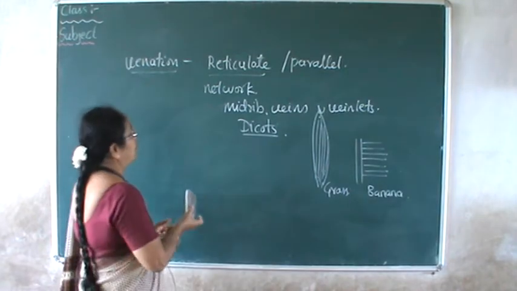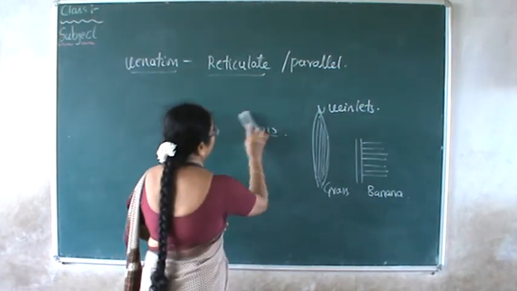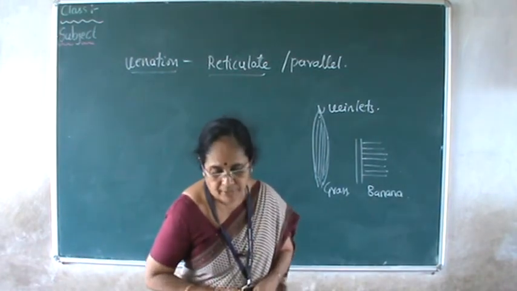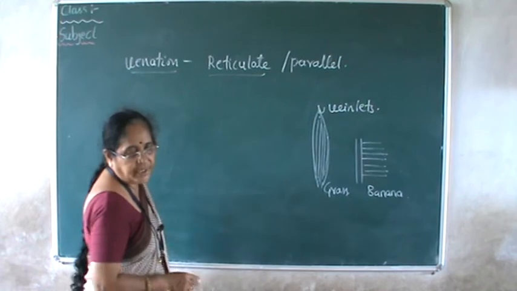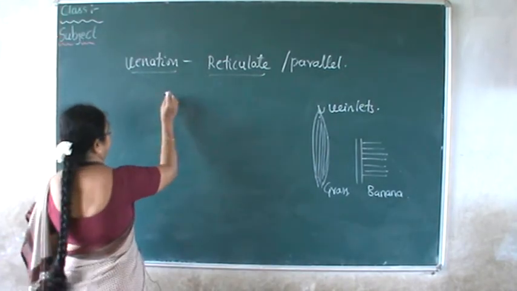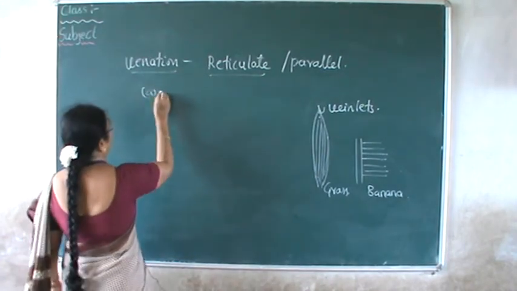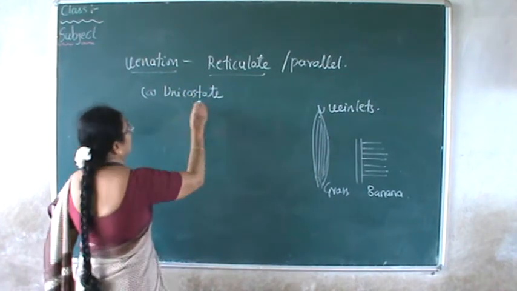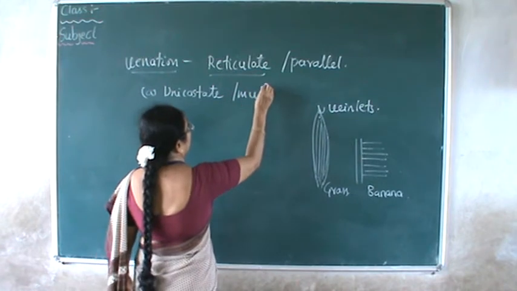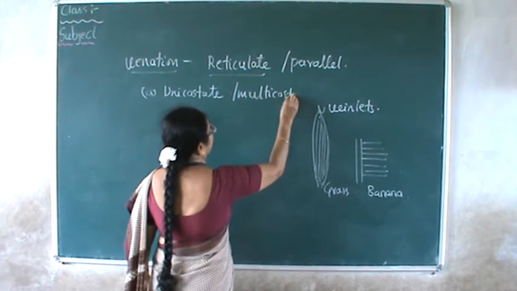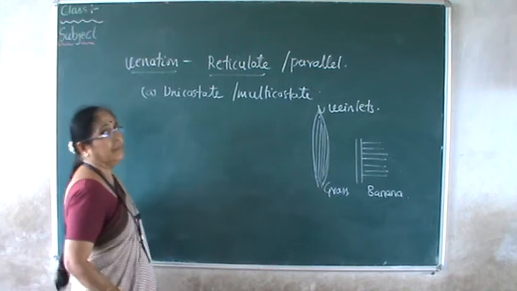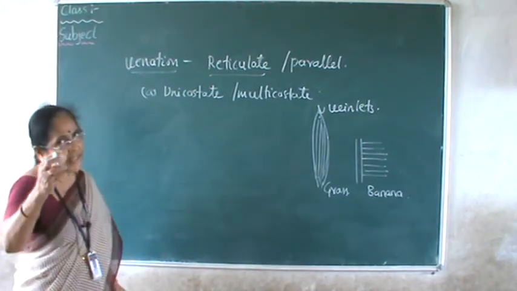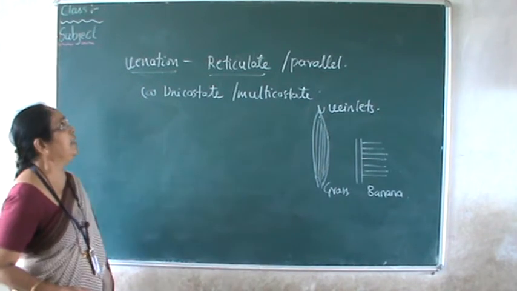Let us continue with the types of venation under the reticulate type. In reticulate venation, the types are further unicostate or multicostate. Here also the word is very specific, uni and multi.